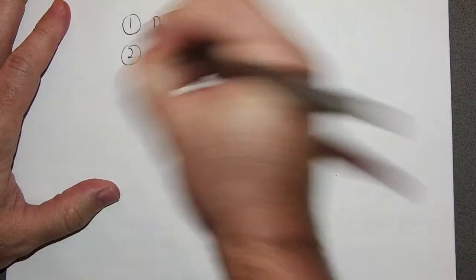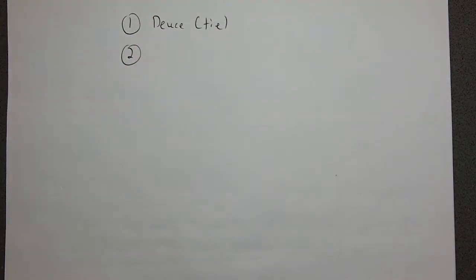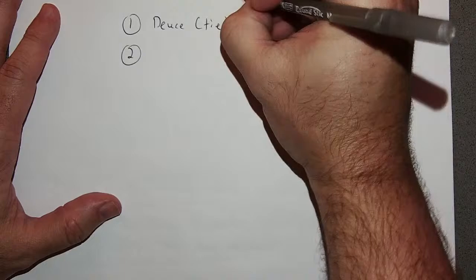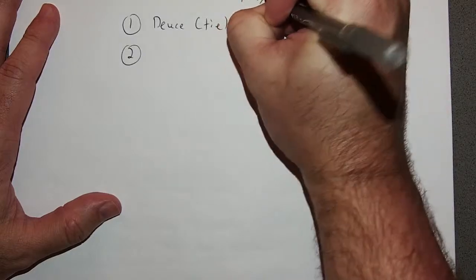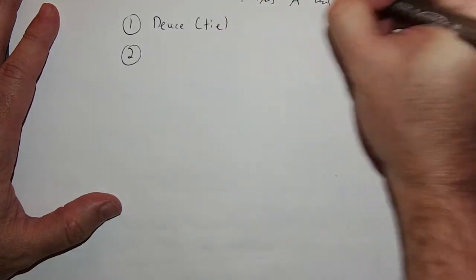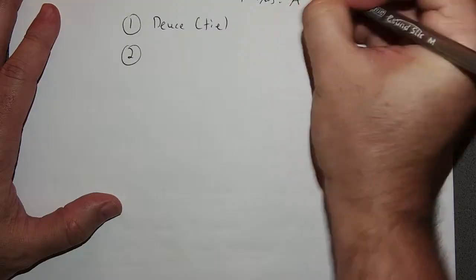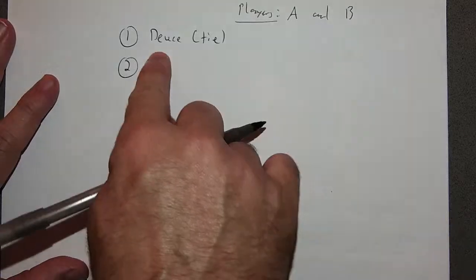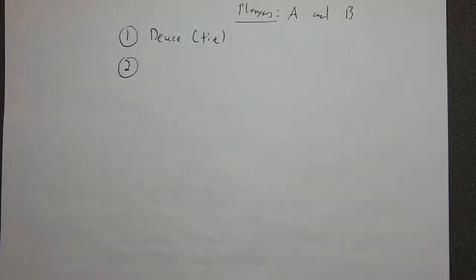The second state that we could arrive in from this is advantage A. So we'll say that we have players A and B playing this tennis match. Deuce is the tied state.